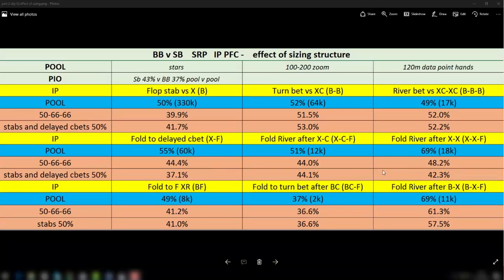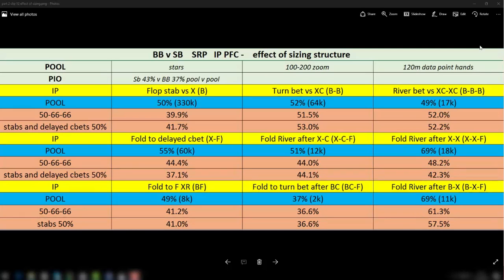And the same logic holds for all the other hotspots. Check, check, fold, betting the smaller sizing on the river puts even more pressure on the hotspot. Same for bet, check, fold.